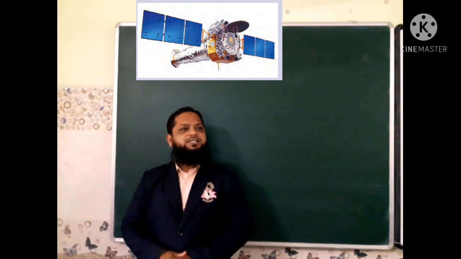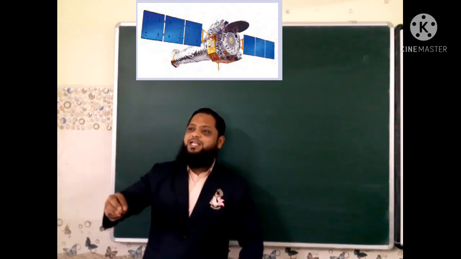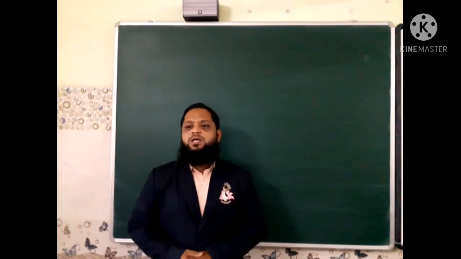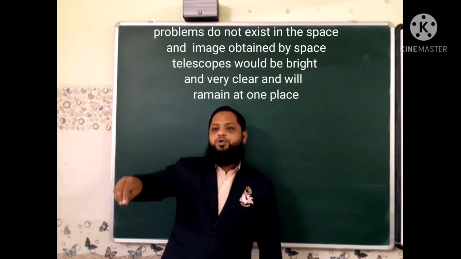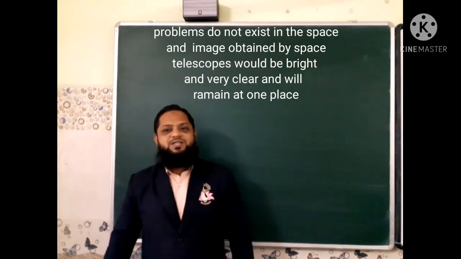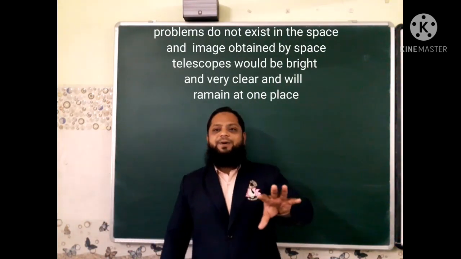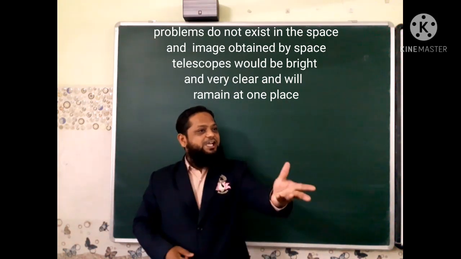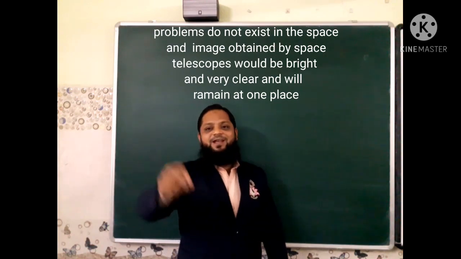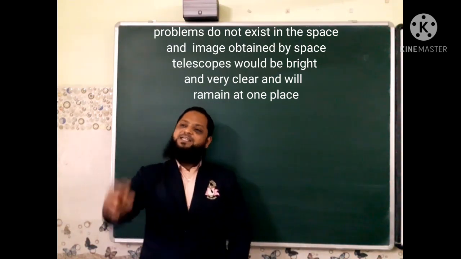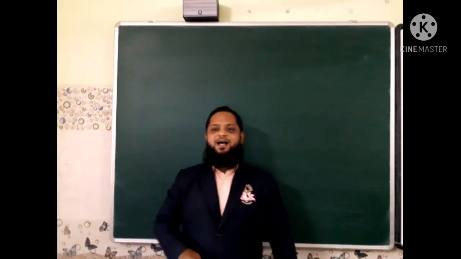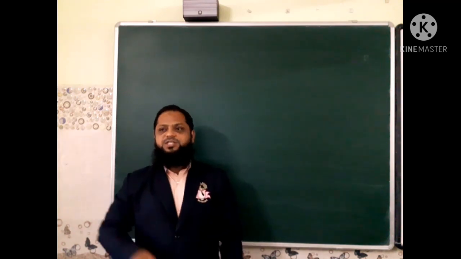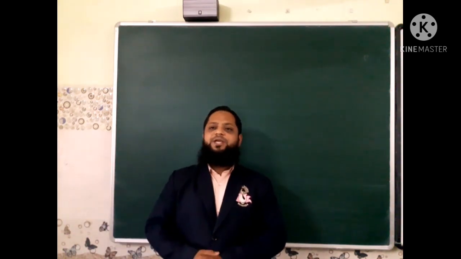And finally, scientists planned to send the telescope into space. These problems do not exist in space, and the image obtained by the space telescope would be bright, very clear, and will remain at one place. Scientists have turned this idea into reality. This is all about the telescope in space.